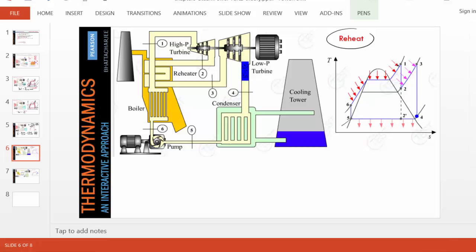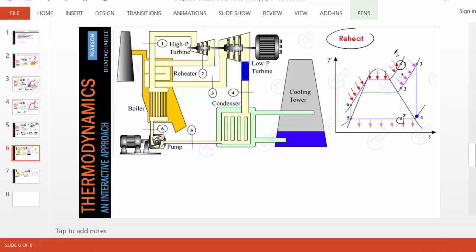Instead of having the entire pressure drop occur from 1 to 2 prime in an original Rankine cycle, 1, 2 prime, this is our state 1, 2 prime, 3, 6 is our original cycle. Instead of that, the turbine is broken into two parts.